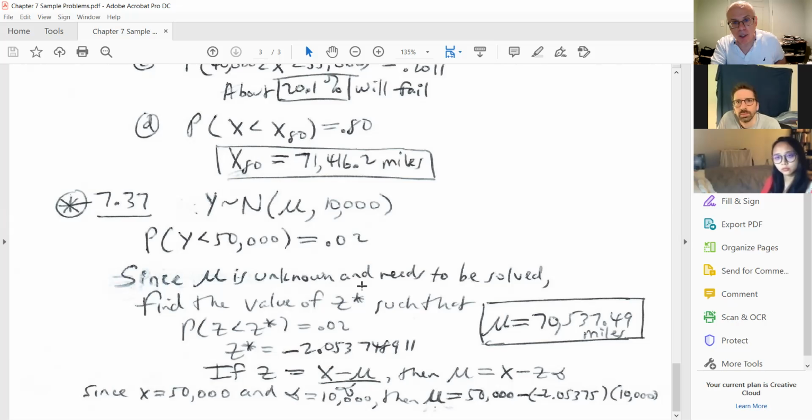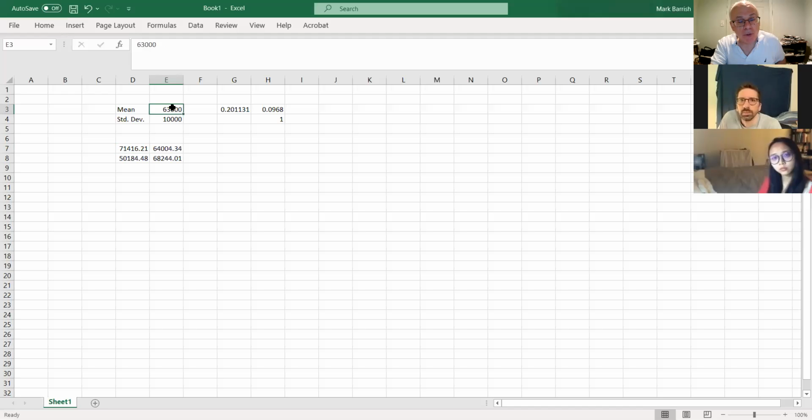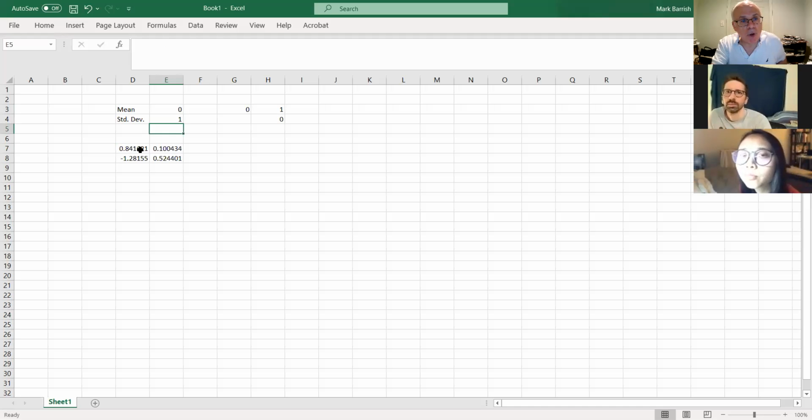Okay. Let's just go back to the spreadsheet just for a second. I'm going to change this back to 0, 1. All right, standard normal. And I want this area to the left to be 2%.